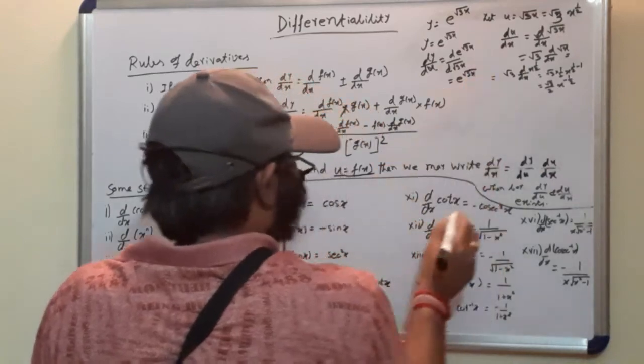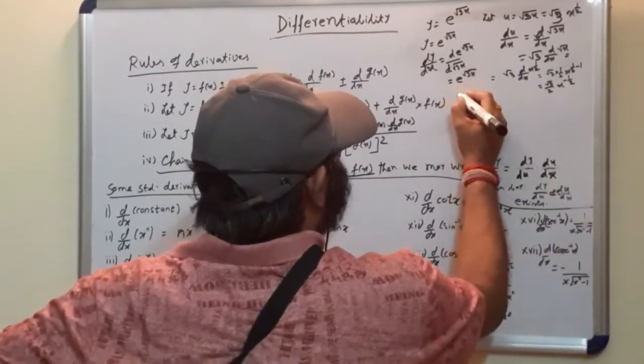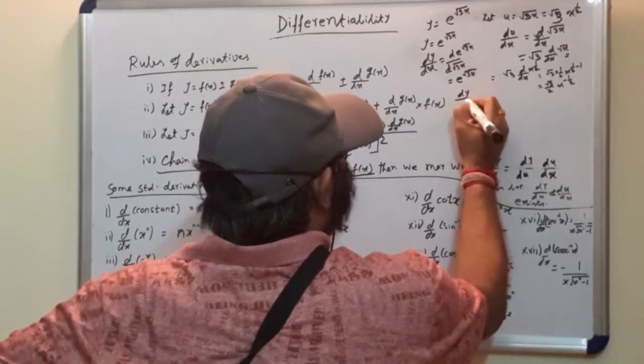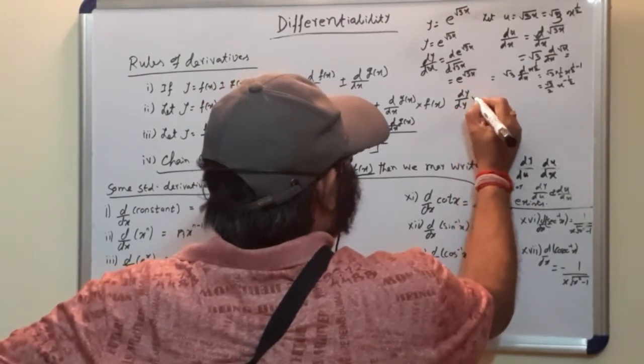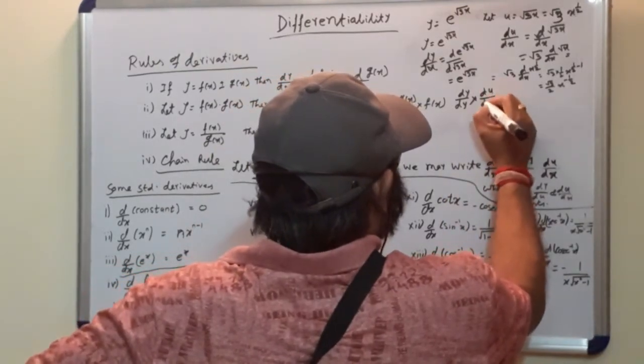So, what does the formula say? It is multiplication, that is dy/du into du/dx.